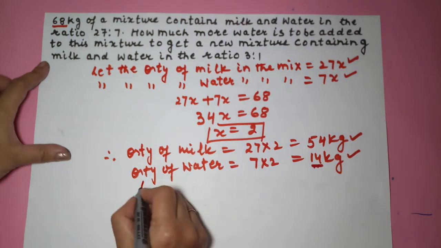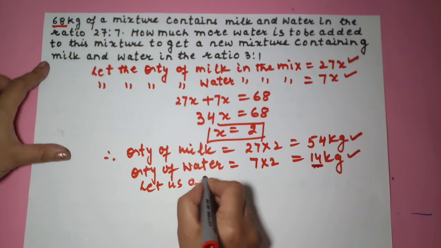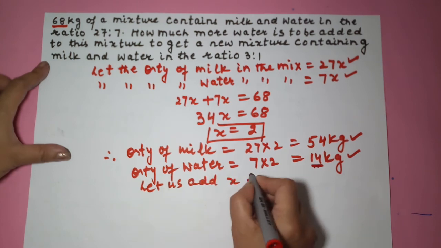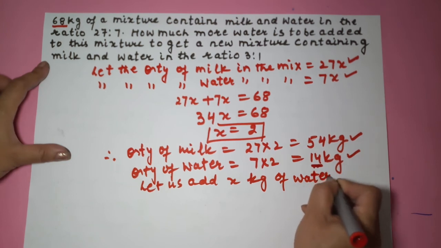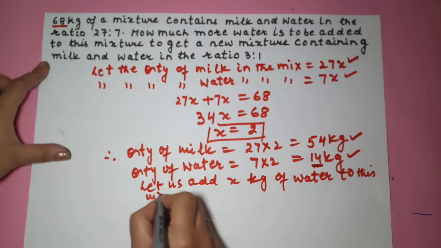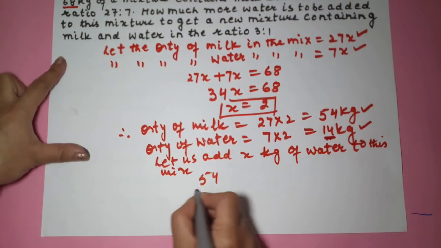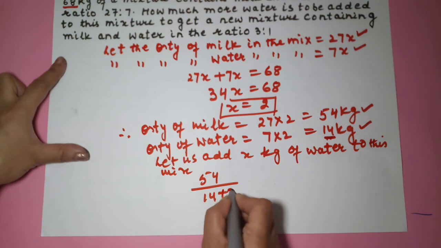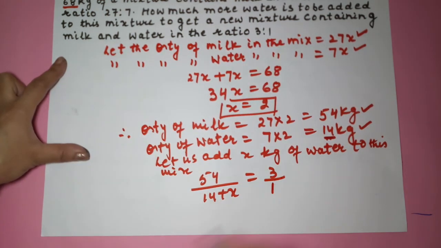So let us add x kilograms of water to this mixture so that 54 upon 14 plus x becomes 3/1.